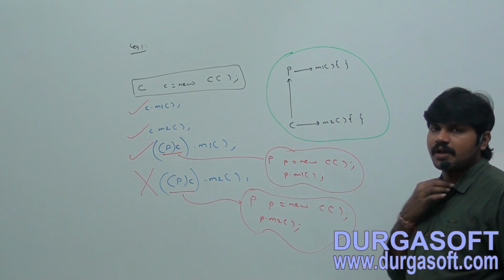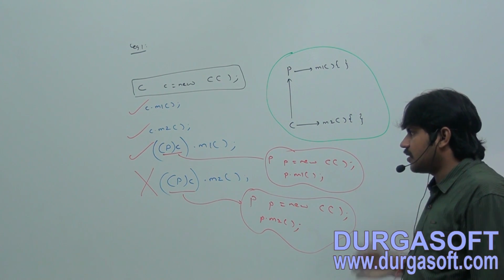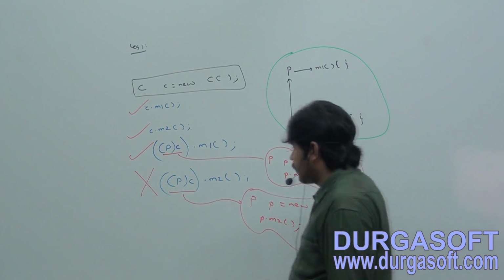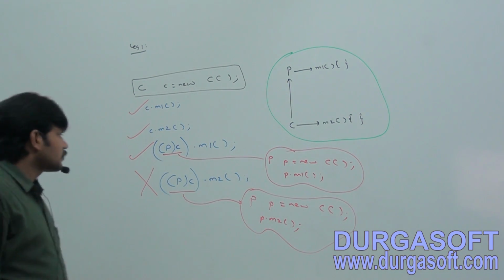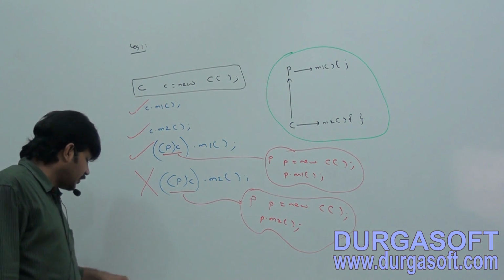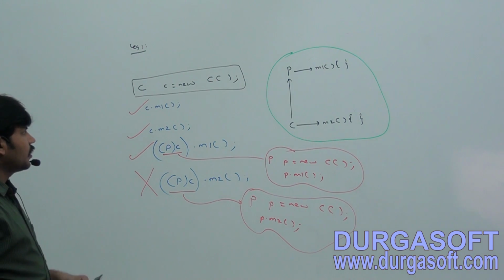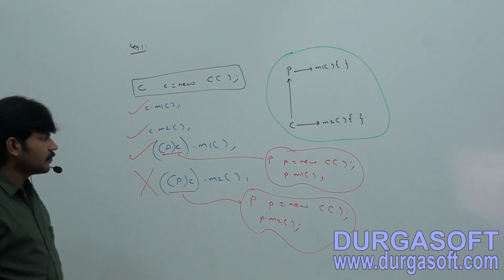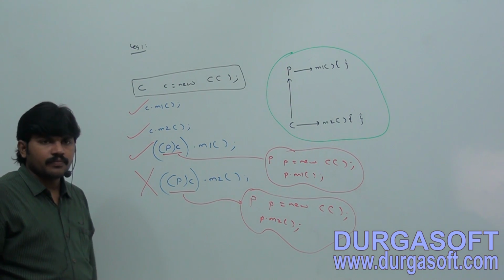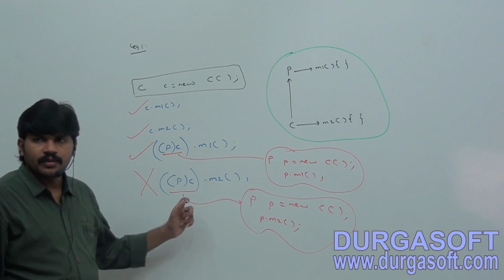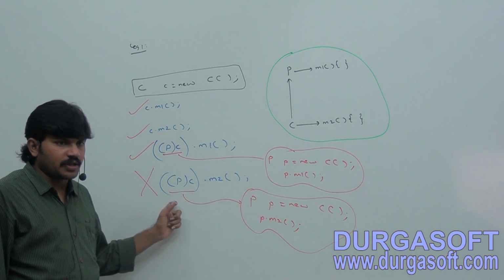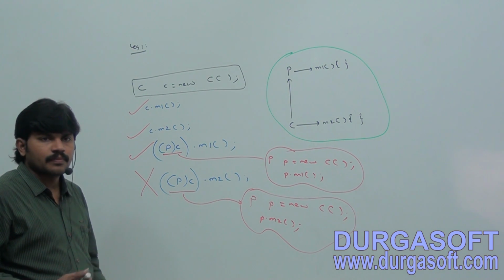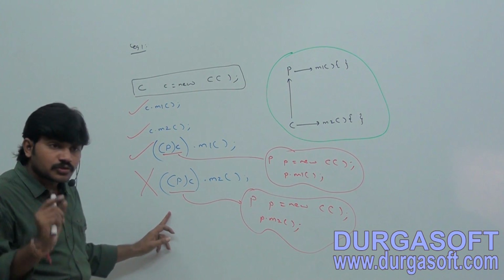Next, child type typecast to the parent, and then dot M1 method. Child type typecast to the parent, dot M2 method. I hope it is completed, right? The terminology should be very clear for you people. Okay. Next.